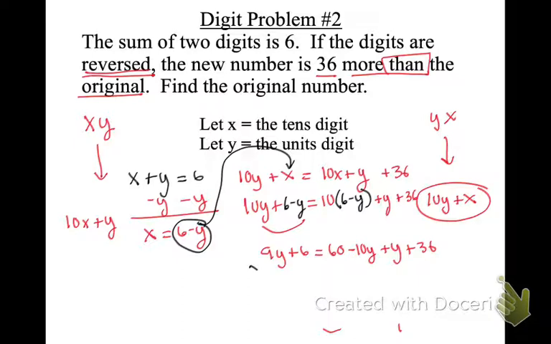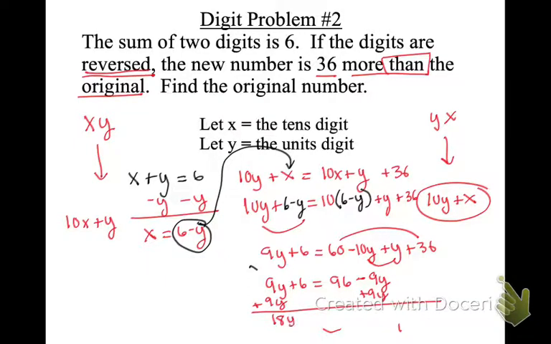So let's combine our like terms here. I've got 9y plus 6 equals 96 minus 9y. Combined these, and I combined these. So I'm adding 9y, I'm adding 9y. We end up with 18y plus 6 equals 96.